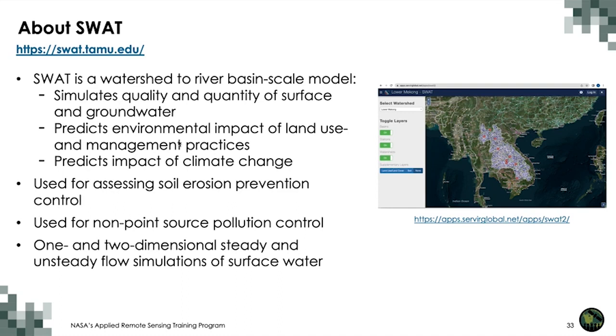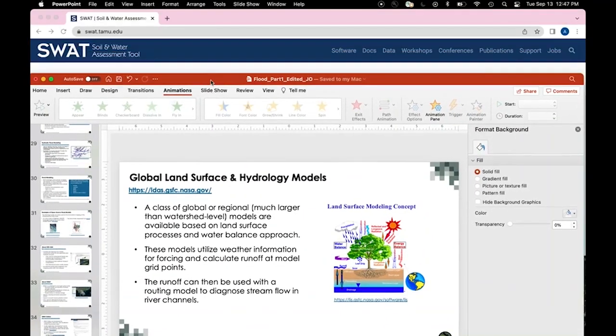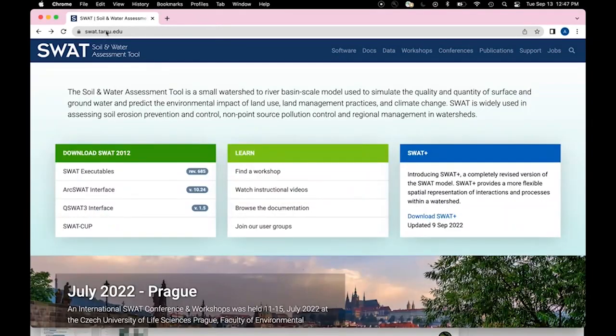So let us look at the SWAT website. From the Texas A&M University site, here you can find software, documentation, data, information about workshops and conferences, and publications. There is also SWAT support. So it is really a very well used model.